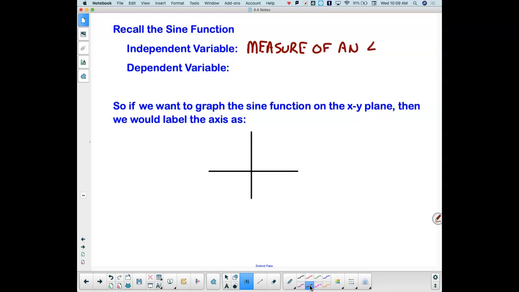So our independent variable is the angle, or the angle measure, if you will. Okay? What's the dependent variable then?